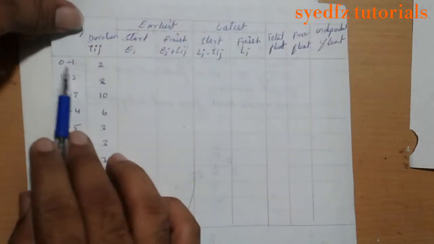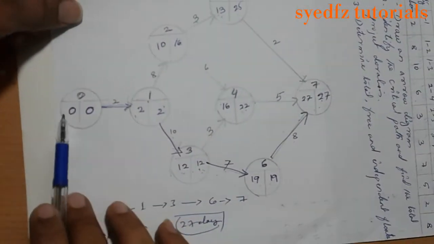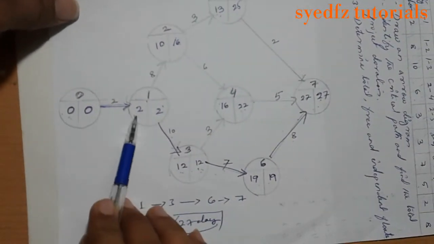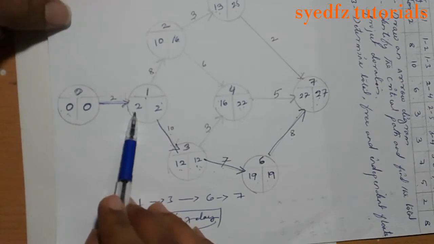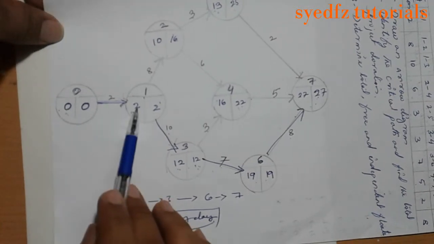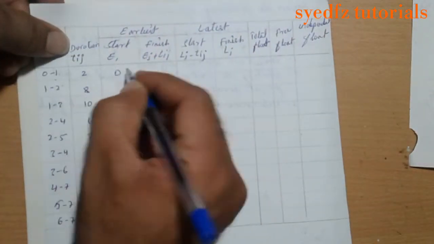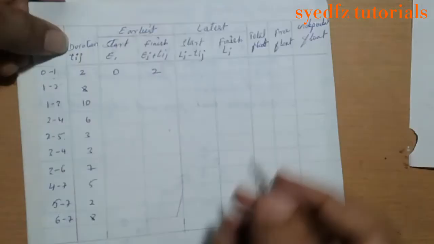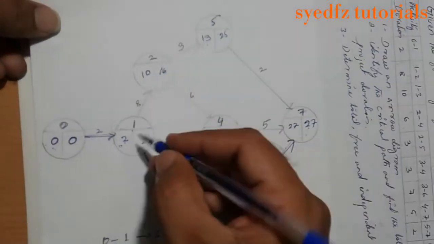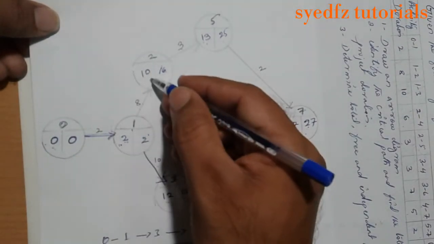Okay, first activity 0 to 1, where it starts: starts from 0, finishes on 2. So right here, start on 0, finish on 2. 1 to 2, start on 2 and finish on 10.